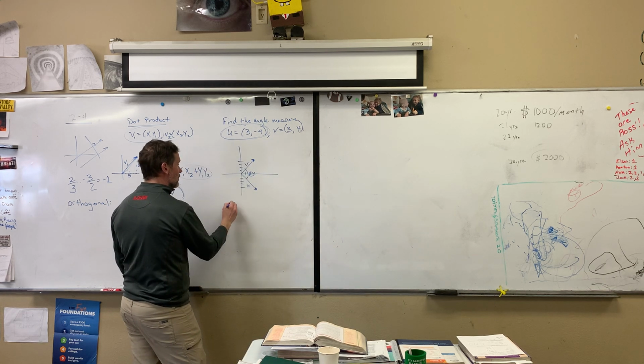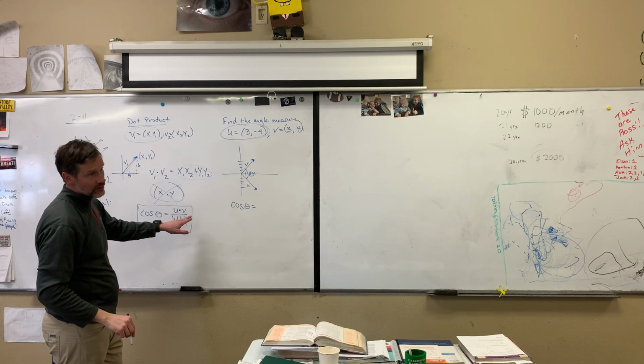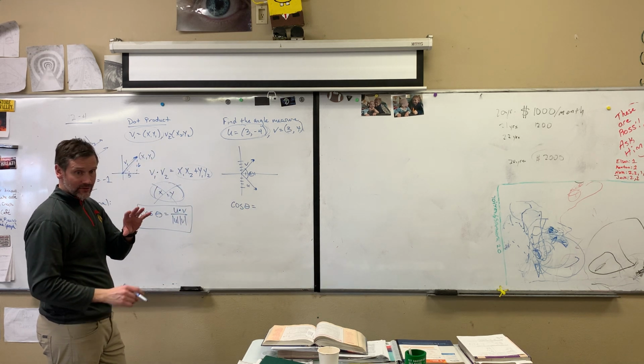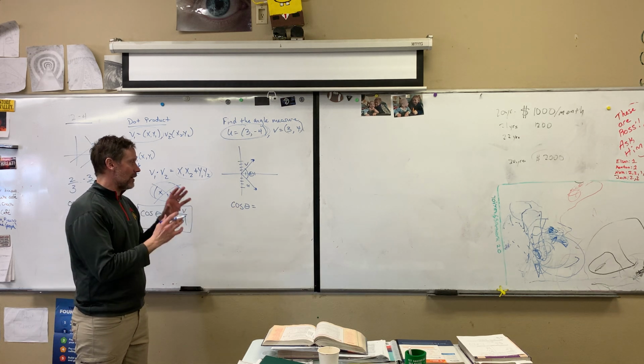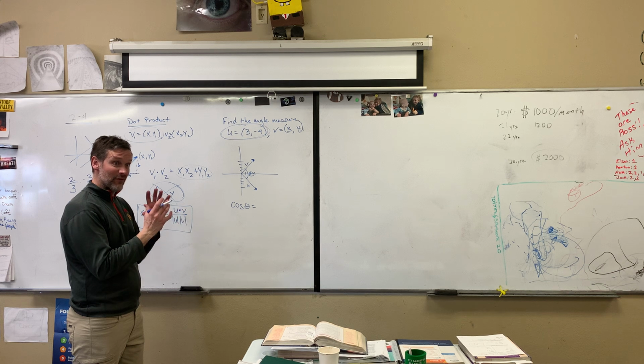Okay, so we just go cosine of theta is equal to u dot v, so dot product. Remember, when you're doing this, the dot product doesn't give you a coordinate like 5, 7 or something like that. It's going to give you a value.